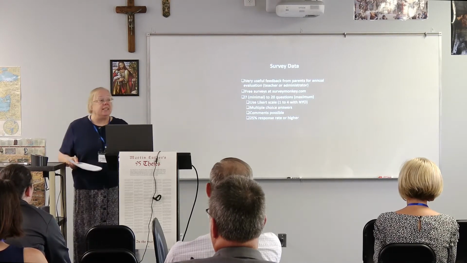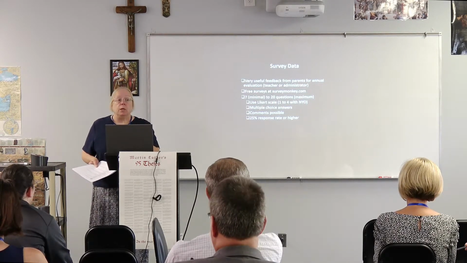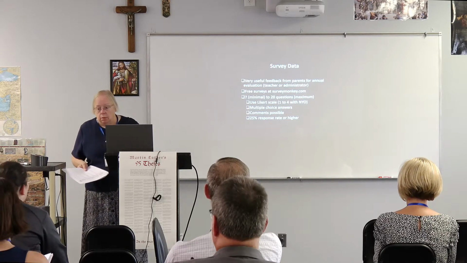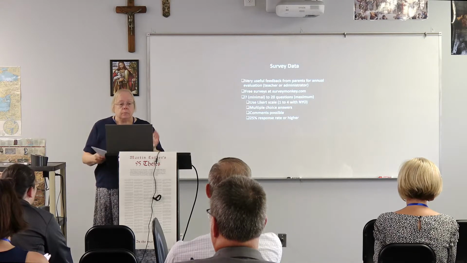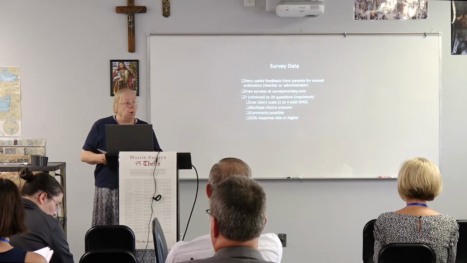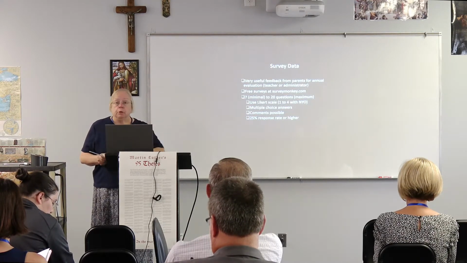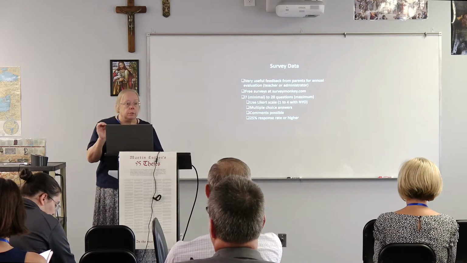I would recommend at least 7 questions. Once you get up to about 20 questions, that's when you hit survey fatigue and they're going, oh, I don't care anymore, let's submit. So you can use a Likert scale, 1 to 4, with 5 being not yet observed or doesn't apply, so you need to leave one of those.